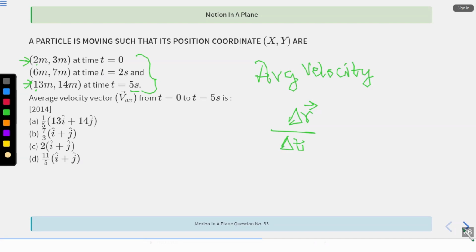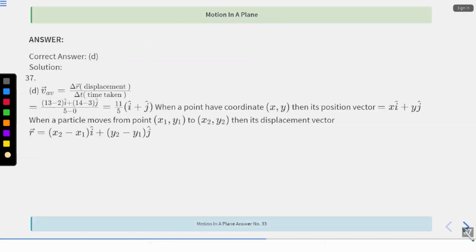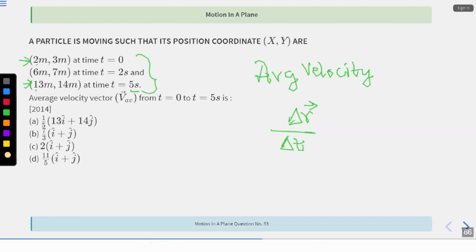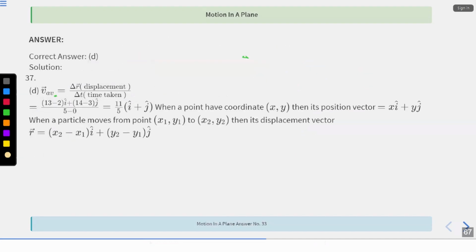You'll get 11 here and again 11 here. Usually we have just one value for velocity, in the i cap or j cap direction, but here there are two values, one in the i cap direction and one in the j cap direction. So the answer is 11 by 5 into i cap plus j cap.